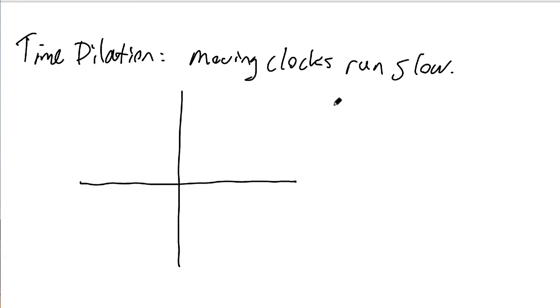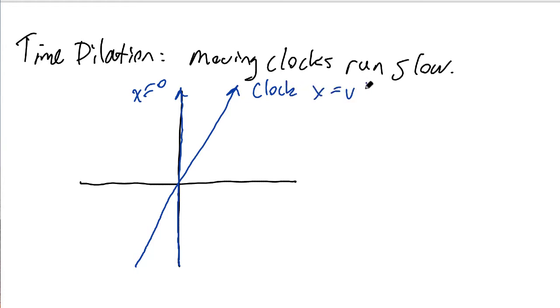Here's my space-time diagram, and here's my clock, which is moving relative to an observer who's at rest. So here's my observer traveling along x equals 0, and here's the clock moving along x equals vt.